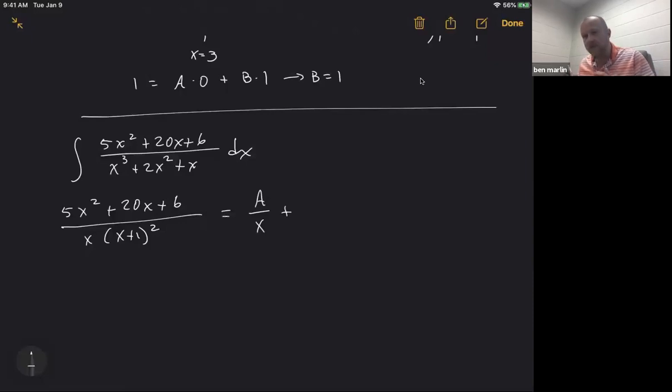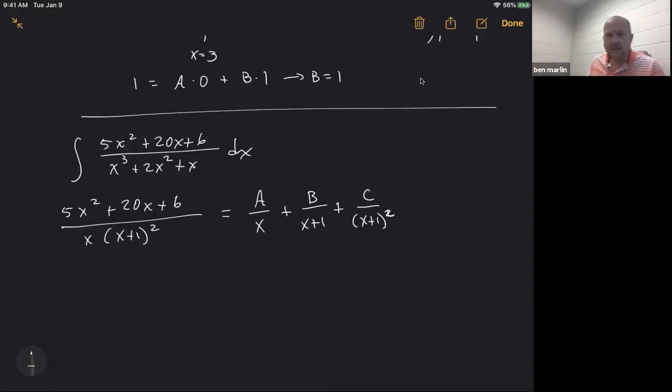Now, for the repeated factors, you have to build your way up. You cannot just skip to the end. You have to have a b over x plus 1, and then a c over x plus 1, the quantity squared.